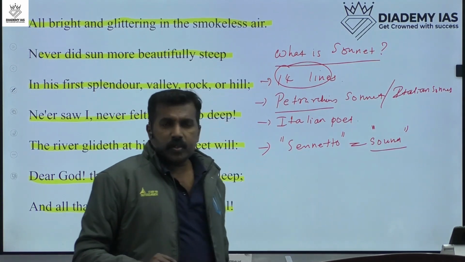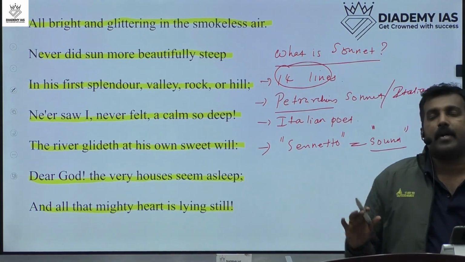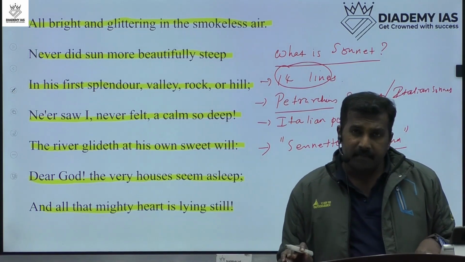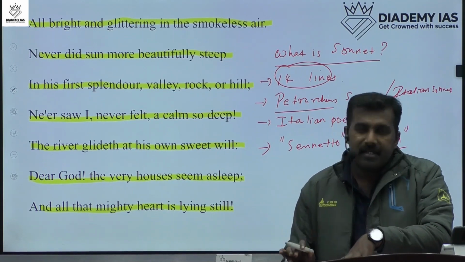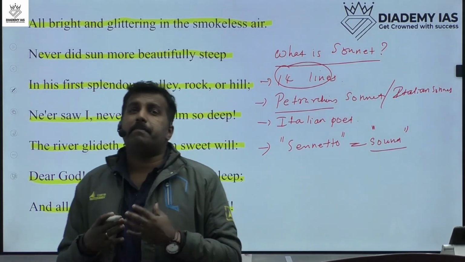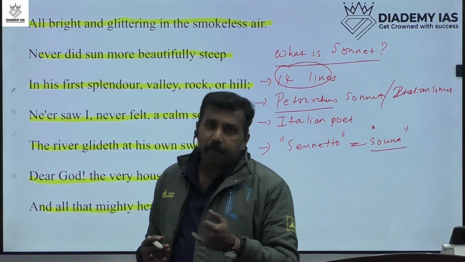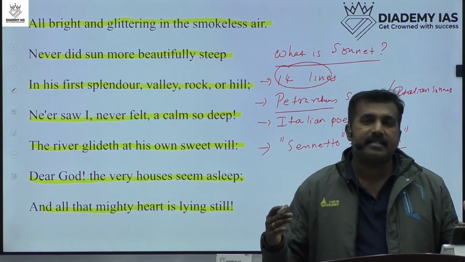So, this poem is a Petrarchan sonnet, or Italian sonnet. What is a sonnet? Sonnet means a type of poem, a short poem which includes 14 lines.